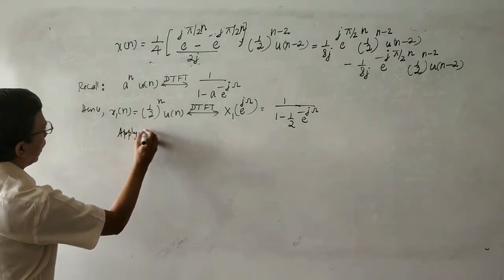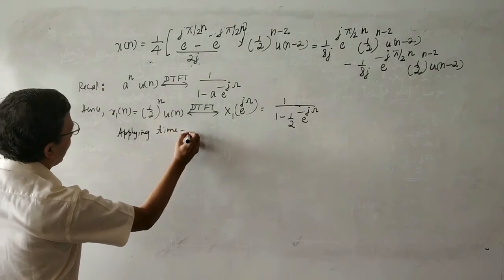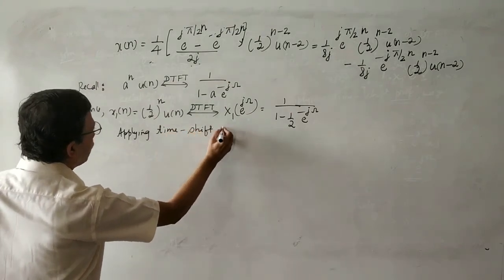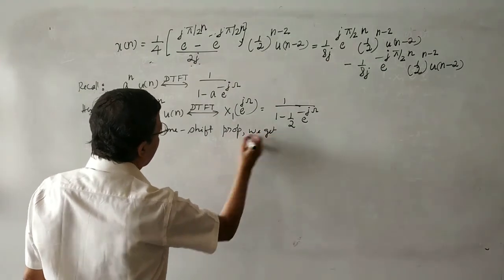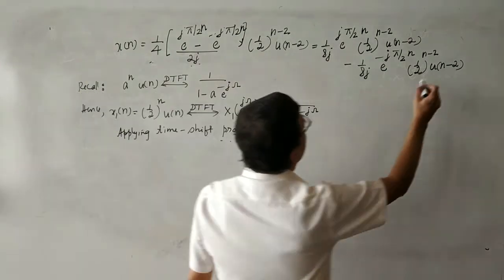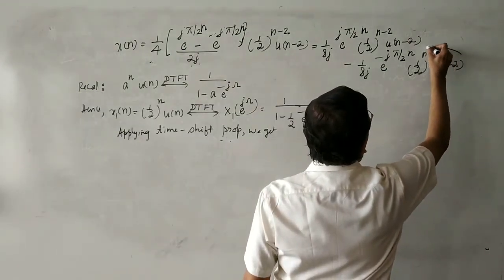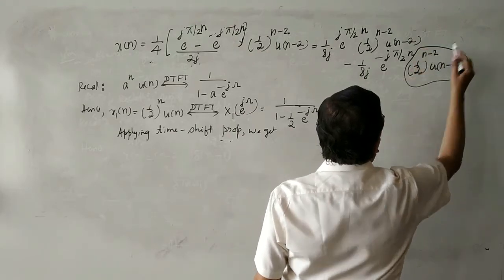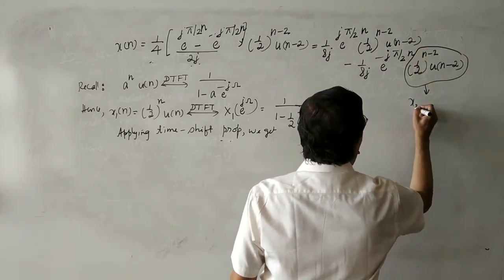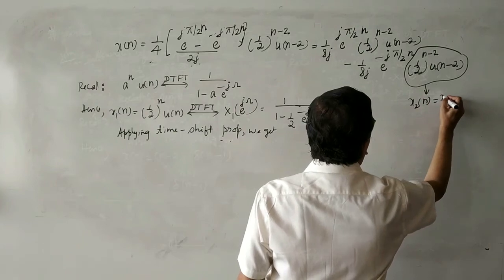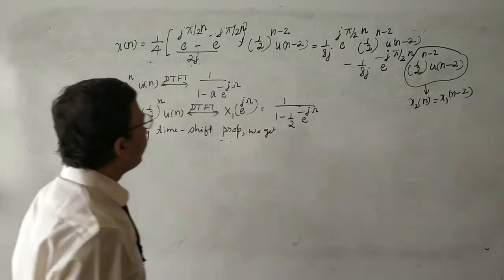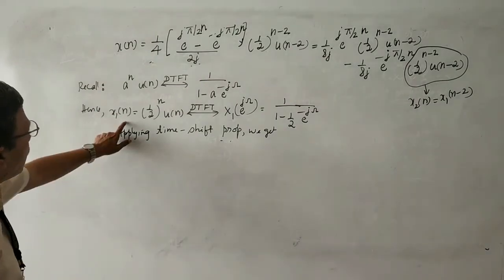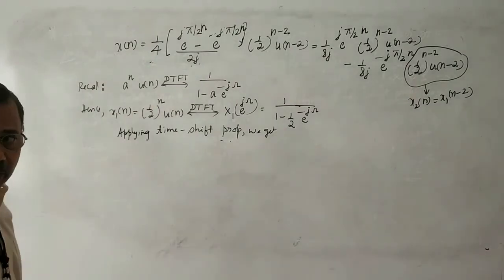Applying time shift property, we get. Please note that I will call this x2 of n. What is actually x2 of n? x2 of n is nothing but x1 of n minus 2, because x1 of n is half to the power n into u of n.